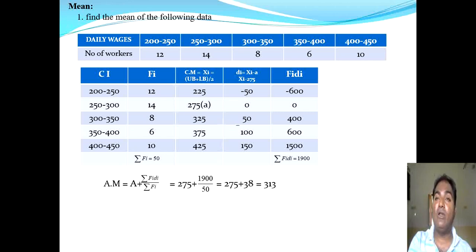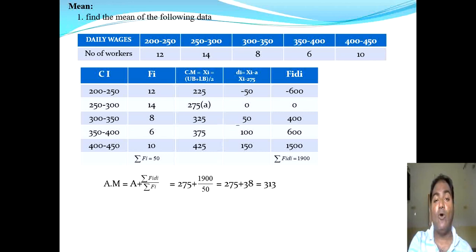The next tabular column which we require is fi into di. We just multiply the fi value: 12 into minus 50, 14 into 0, 8 into 50, 6 into 100, 10 into 150. In this way we find the fi into di, and the sum of fi into di, I already simplified, is 1900.